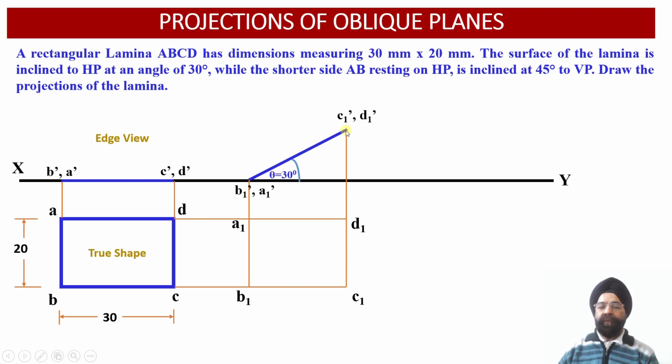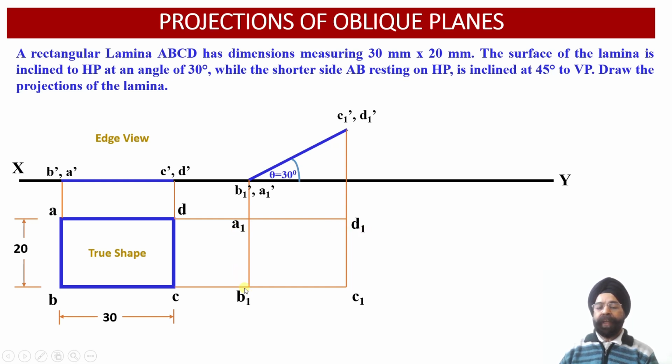Similarly, the vertical projector from the point C1 dash, wherever it intersects with the horizontal projector drawn through the plan projection point C, the intersection of these two projection lines will provide us with the point C1 in the plan projection. Similarly, the vertical projector line drawn through the point D1 dash, wherever it intersects with the horizontal projector line drawn through the point D, we obtain the point D1 over here.